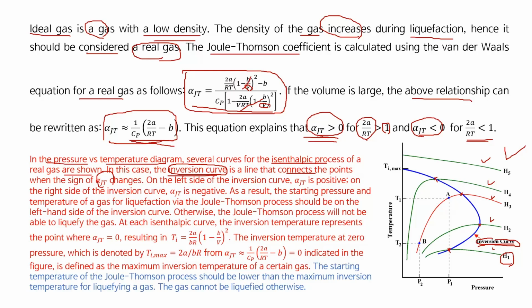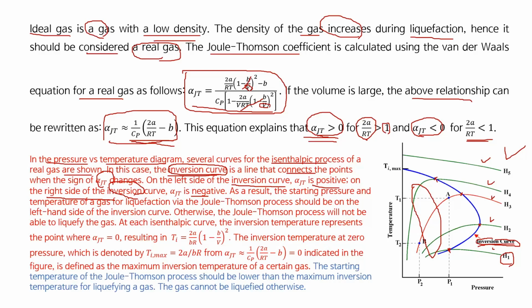So on the left side of the inversion curve, in this region, alpha JT is positive, so the slope is positive. On the right side of the inversion curve, alpha JT is negative, so the slope is negative.